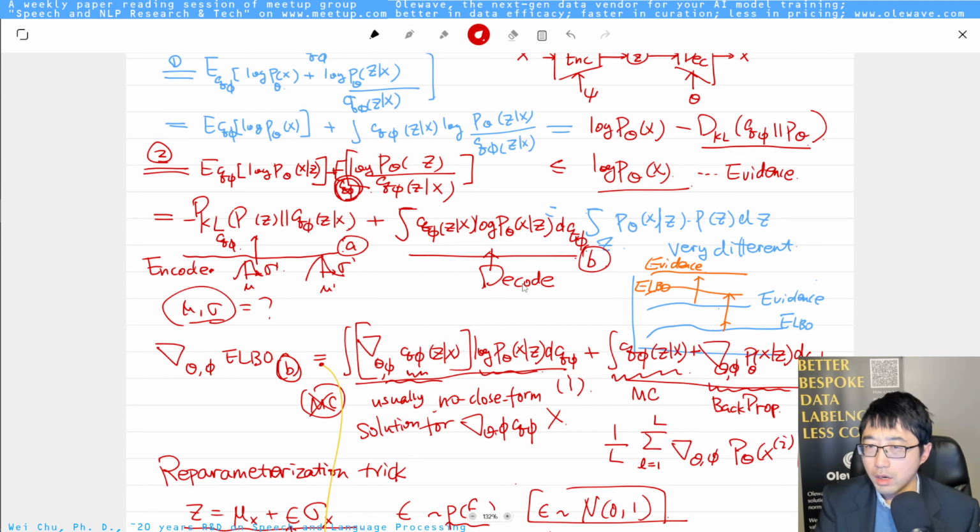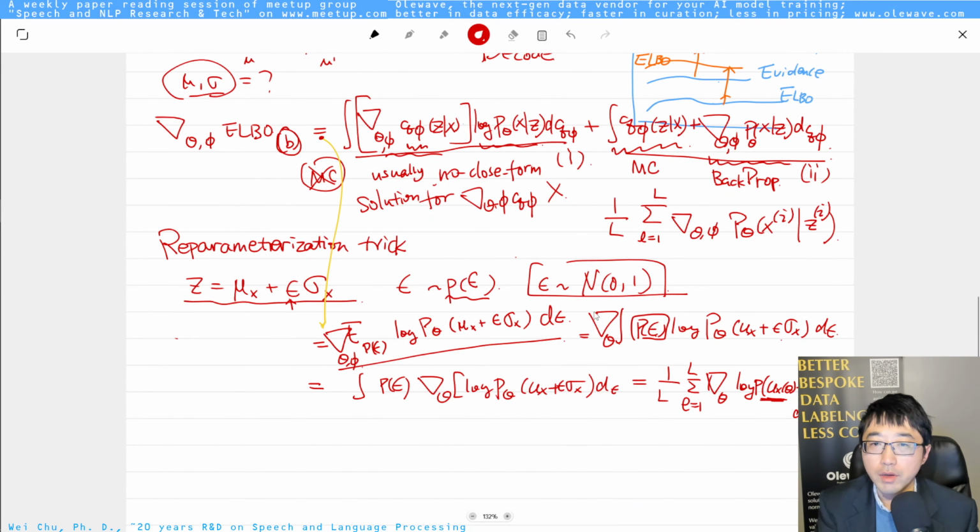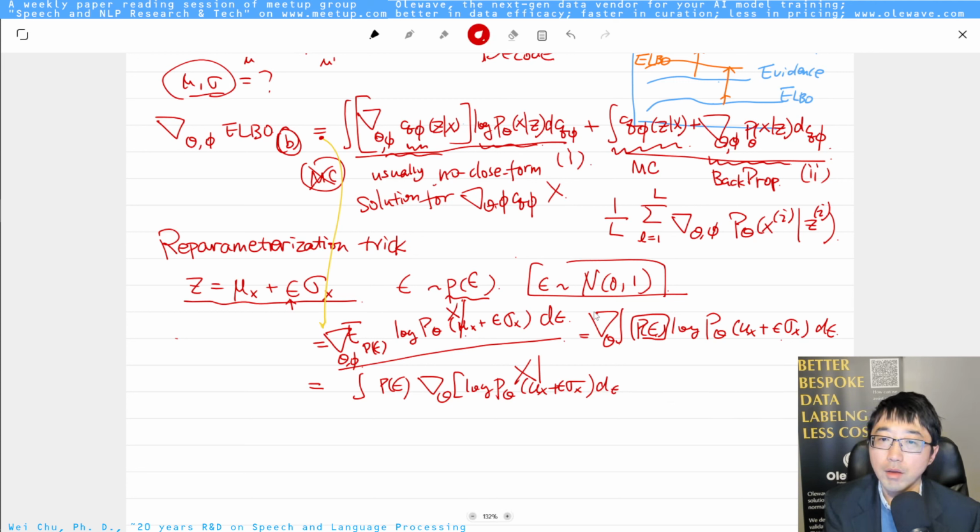For the decode part, you got x and z. I forgot this should be x given z, right? X given z, given this. So you can see that by controlling the, I think I'm wrong here, sorry. This is X. Okay, makes sense.